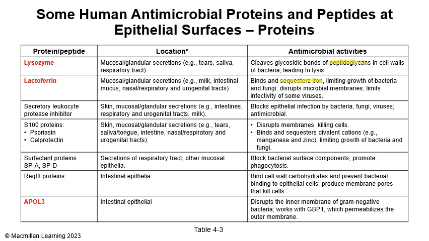Now let me see what else. Oh, and then you have this guy here, APO3. This is in the intestine. Okay, this is interesting because it is going to disrupt the membrane of certain types of bacteria, like gram-negative bacteria. Gram-negative bacteria don't have a thick cell wall, but they have a double membrane.